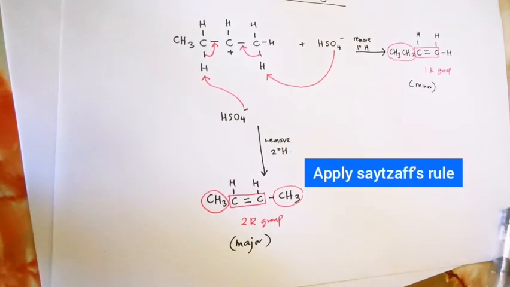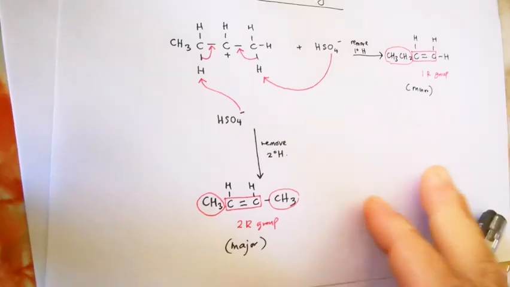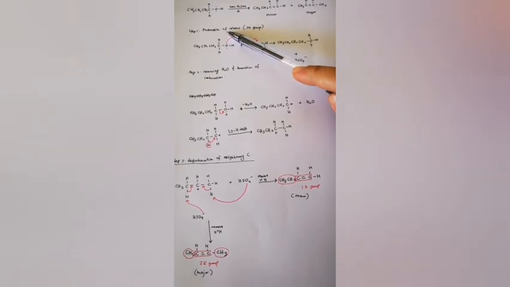Okay, so that's all for the mechanism of dehydration of alcohol. Let me conclude it for the last time. So the dehydration of alcohol or elimination reaction involves 3 steps. Step 1 is protonation of alcohol.